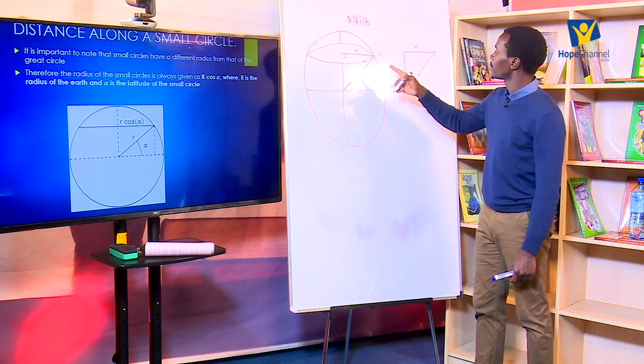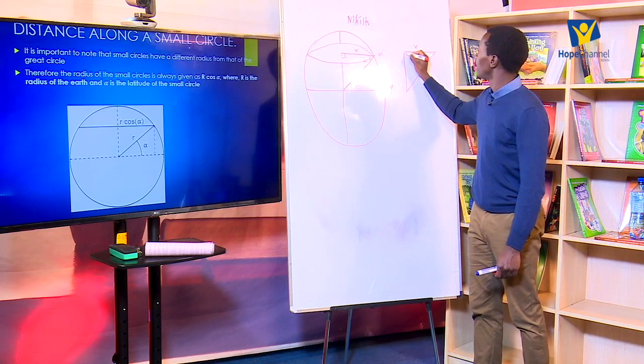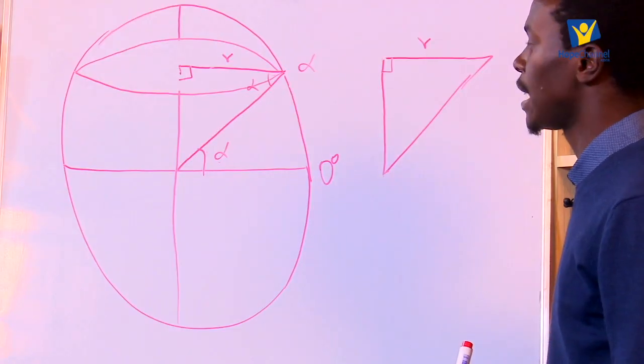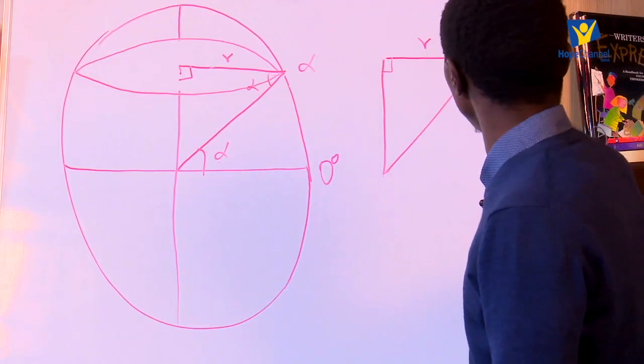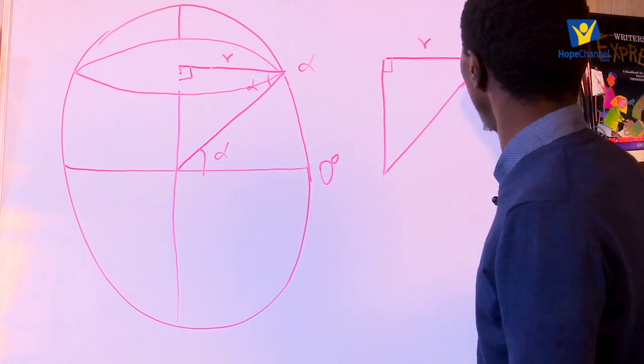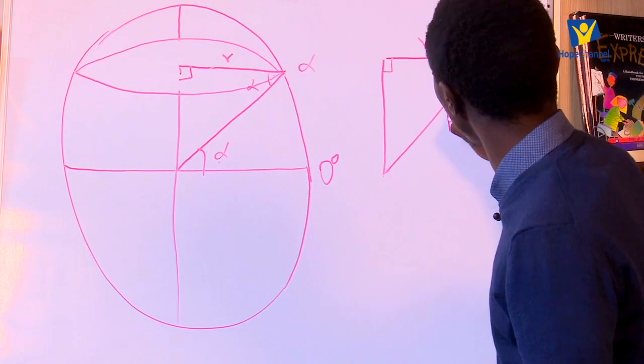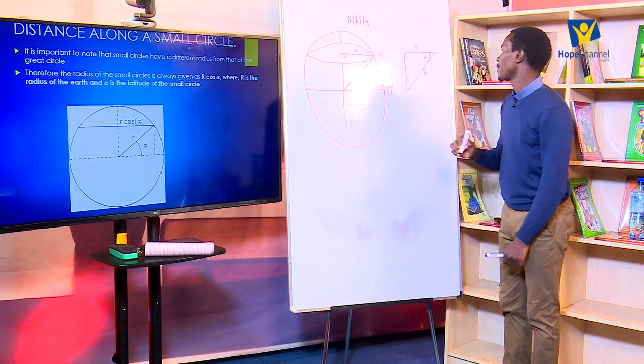But for the small circles, they have a different radius. That is why we want to see what is the expression that we'll use to get the radius of that small circle. Now remember, the radius of the Earth is from the center to that point, that is capital R right there. And then we have alpha.